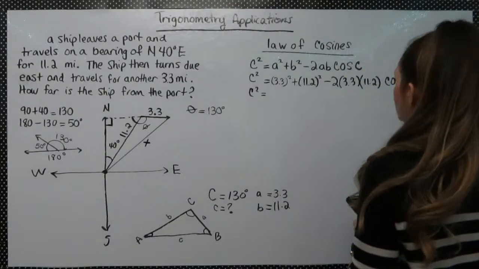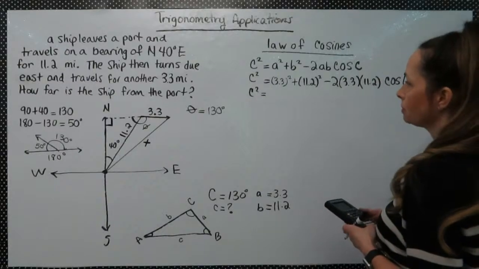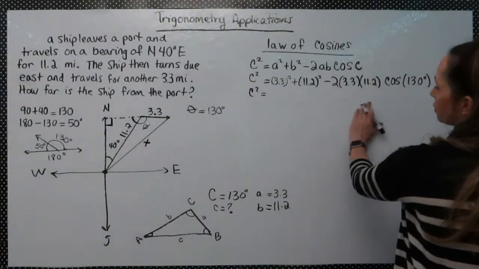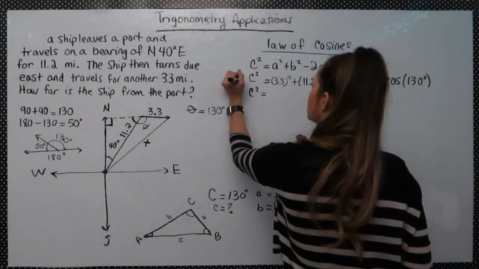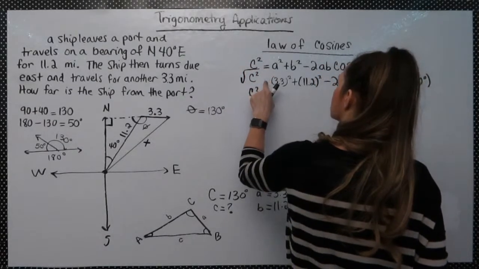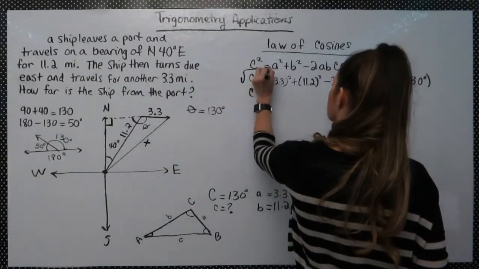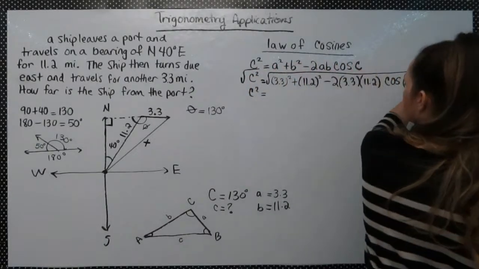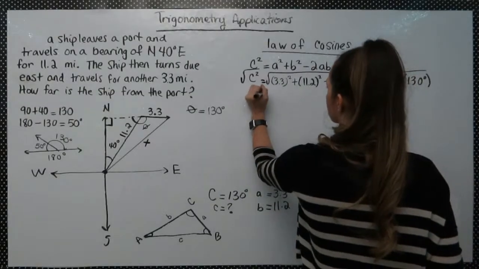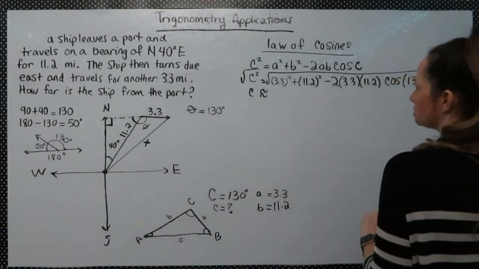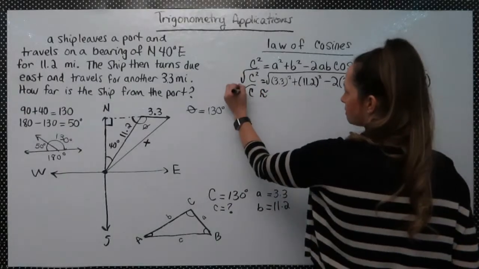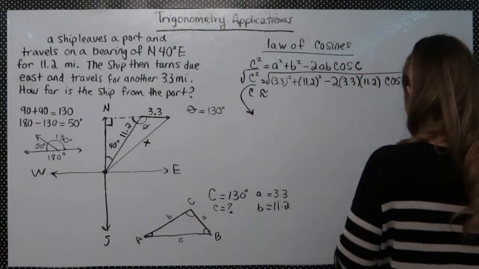Also, in this step, if you were in a hurry, you could go ahead and just square root everything in this step, and then you end up with c equals approximately, because the calculator will spit out an approximation. So we're going to skip that step. I'm going to just do it the long way.